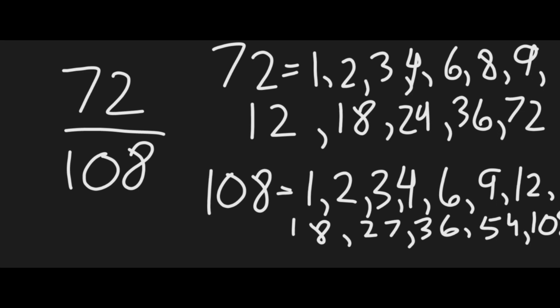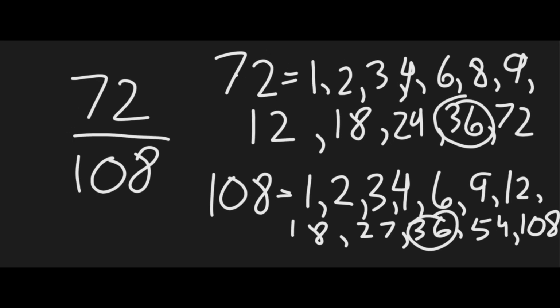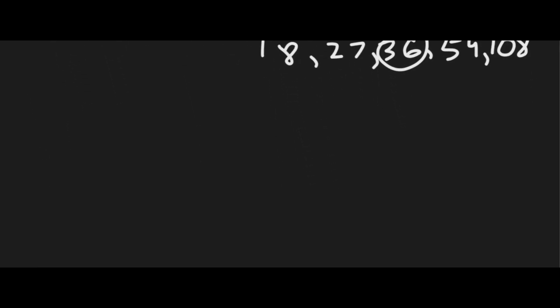Now, what is the greatest common factor? Now, it looks like that would be 36. Again, we have to divide both the numerator and the denominator by the greatest common factor.